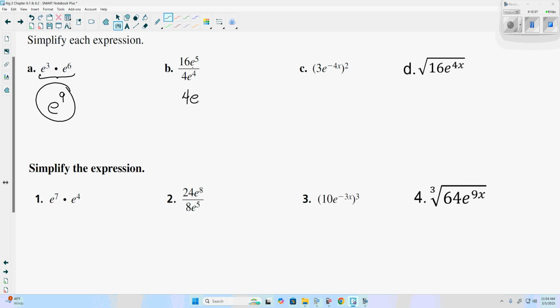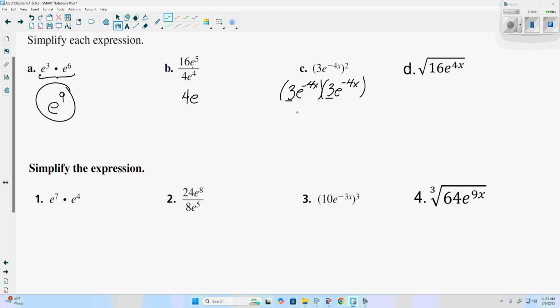3e to the negative 4x, squared. So there's two ways to look at this. One, since we're saying that it's squared, it is being multiplied by itself. Now we can just look at the multiplication.